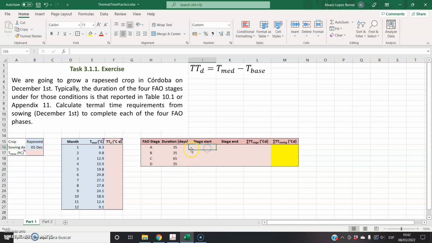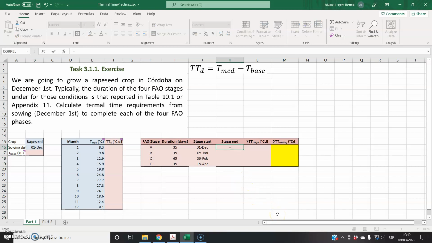Stage A will start on the date of sowing, which is the 1st of December. So stage B will start 35 days later. The same criteria can be used to deduce the starting dates of the 4 stages.